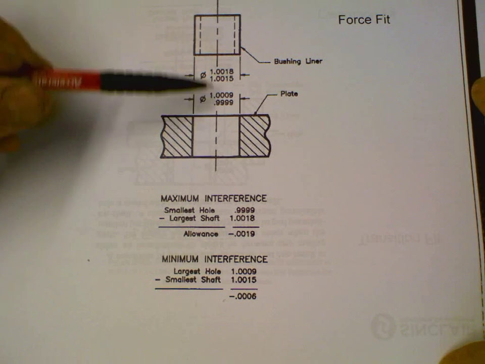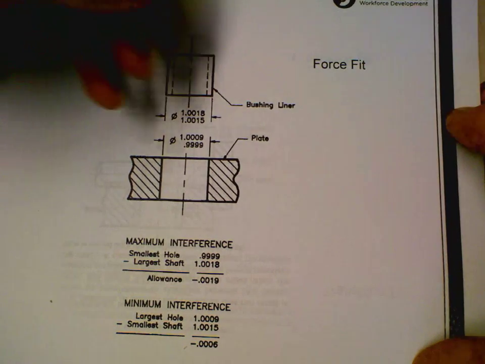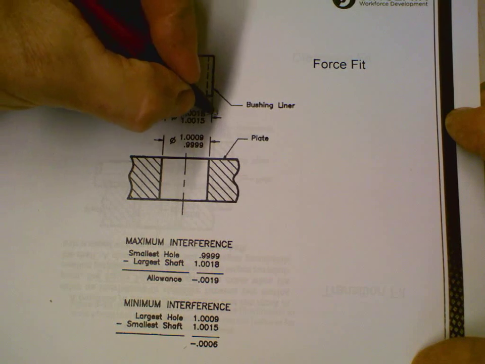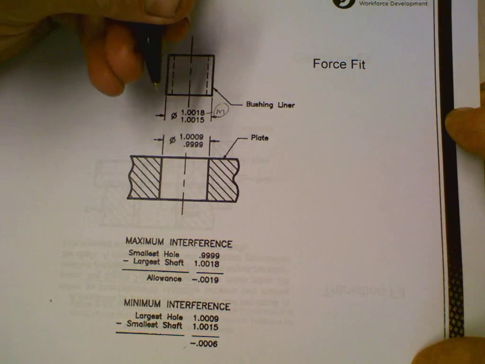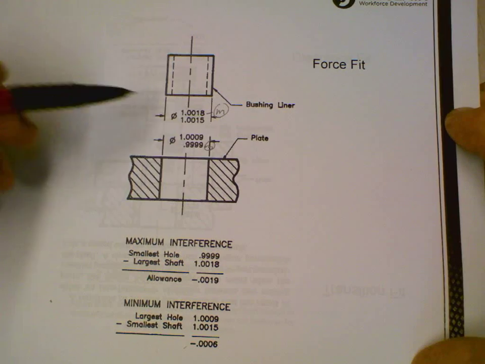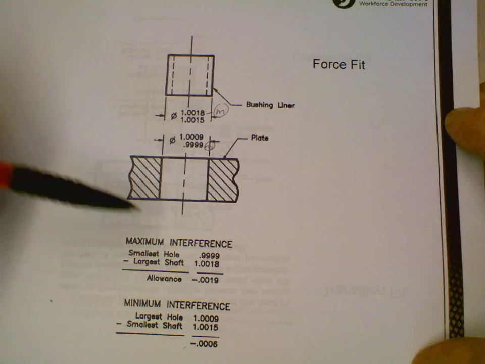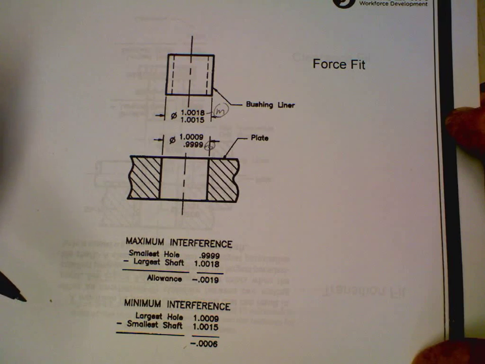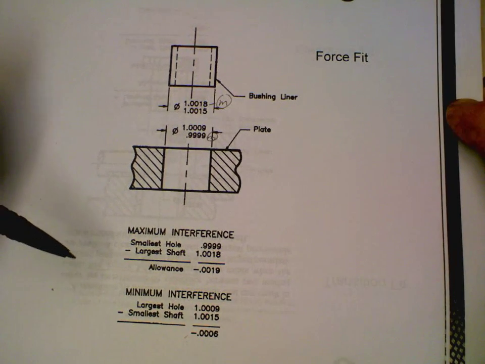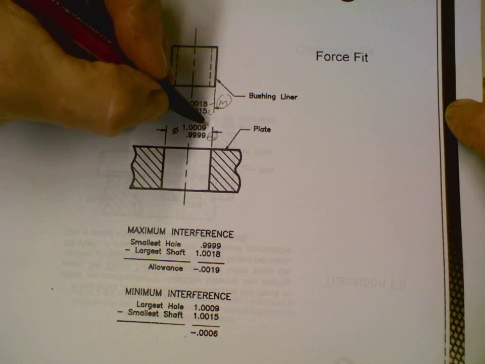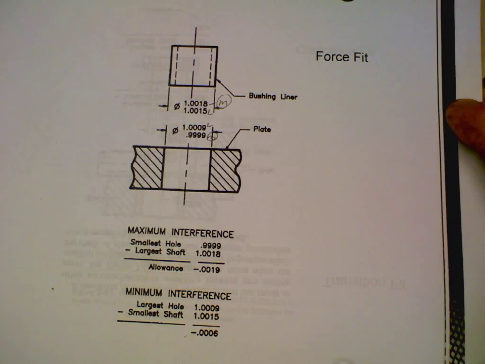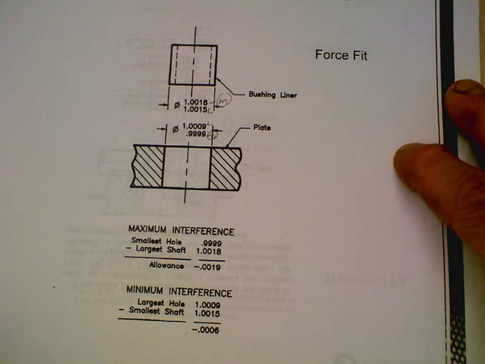If you take the MMC, which would be the largest, there's the M, and you take the smallest, there's the M. You put the two M's together, then you get the 0.0019. And if you take the L's together, the least material condition, you'll get 0.6. So if you make the part within that range, it'll work. So that's a force fit.